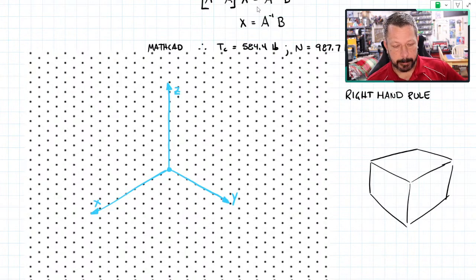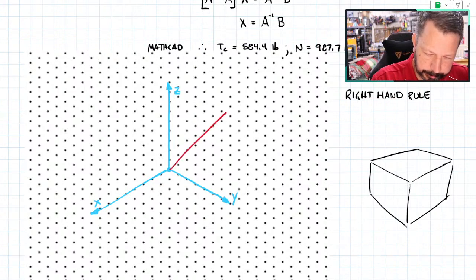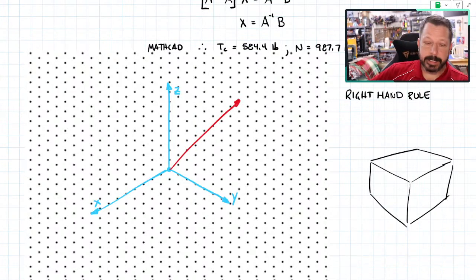So I'm going to draw one out here. If I just draw the arrow like I did here, then it's still pretty confusing, because you might look at that and think, oh, that's in the YZ plane. Or you might think that's in the XY plane pointing backwards.